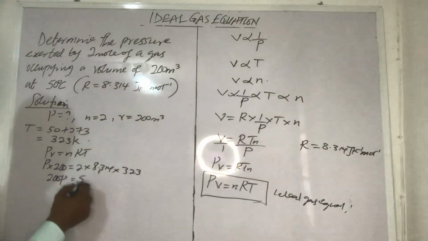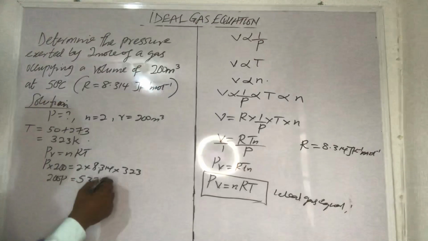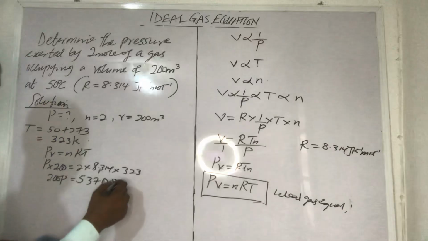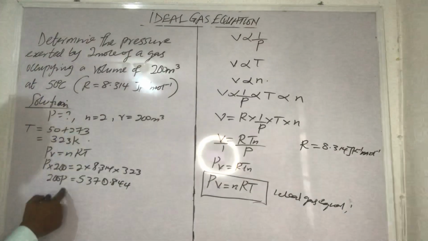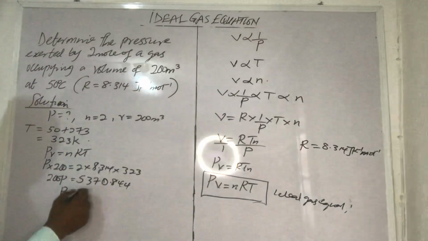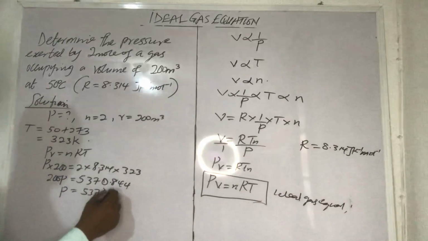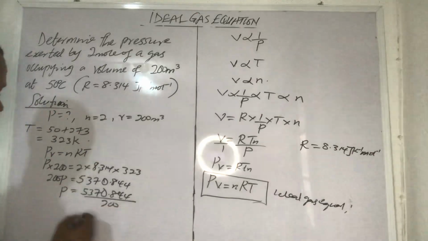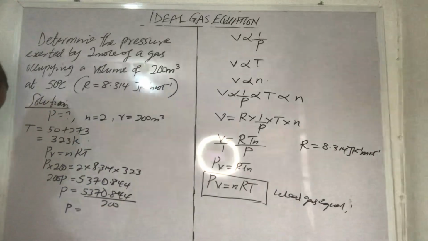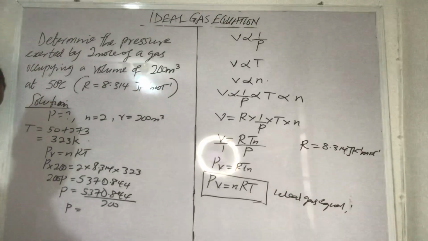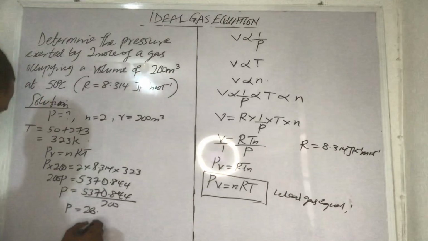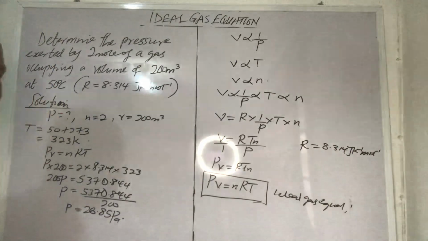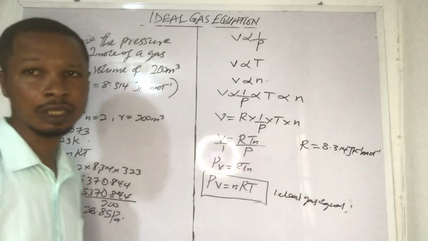That will give me 5370.844. Divide both sides by 200. My P will be 5370.844 divided by 200. Then my pressure will be equal to 26.85 Pascal.